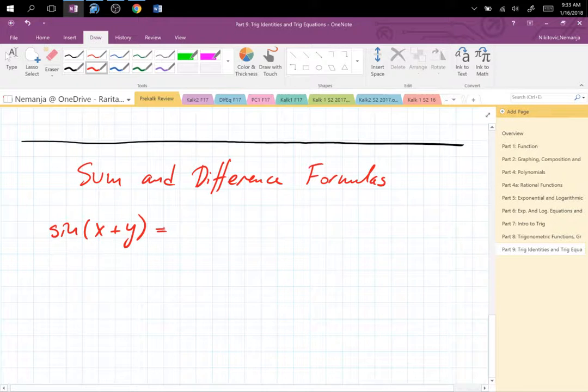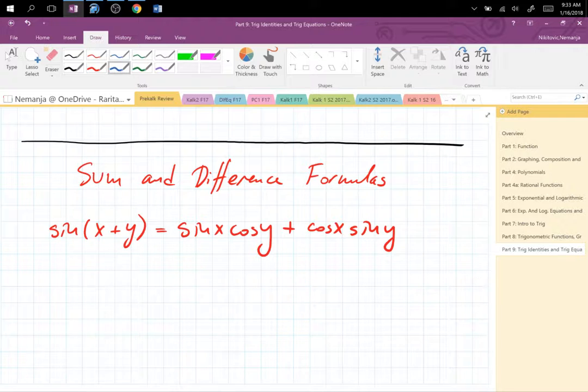So that's going to be sine x cosine y plus cosine x sine y. You just swap them. And if there is a minus in parentheses here, there will be a minus on the other side. So red plus with red plus and blue minus with blue minus.